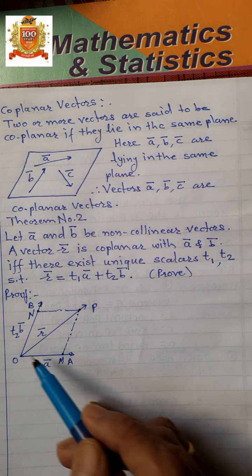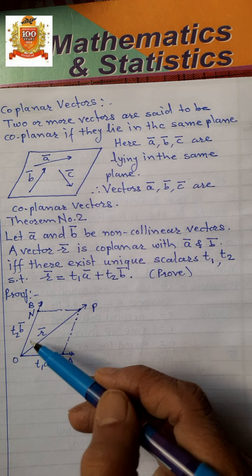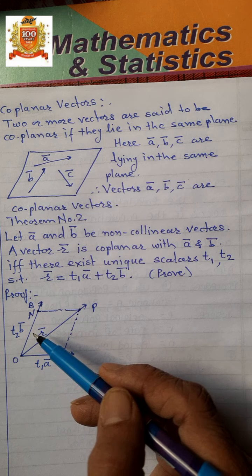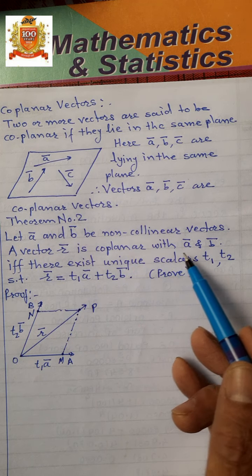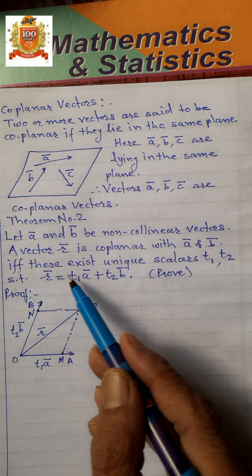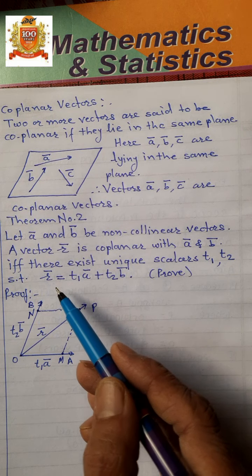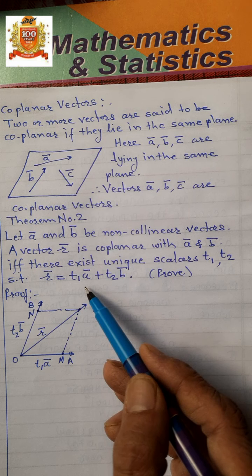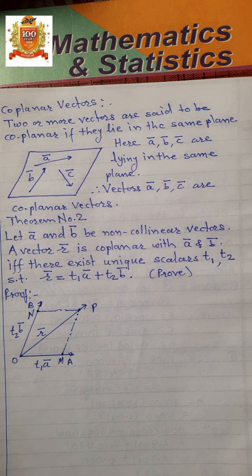This is a bar and this is b bar, two non-collinear vectors. A vector r bar is coplanar with a bar and b bar if and only if there exist unique scalars t1 and t2 such that r bar is equal to t1 a bar plus t2 b bar. We have to prove this. Let us prove this theorem.